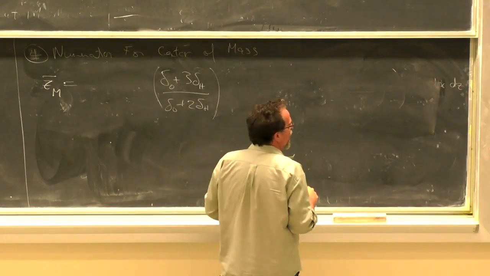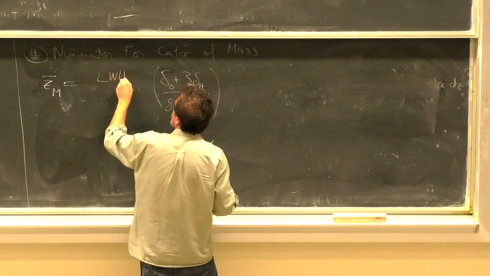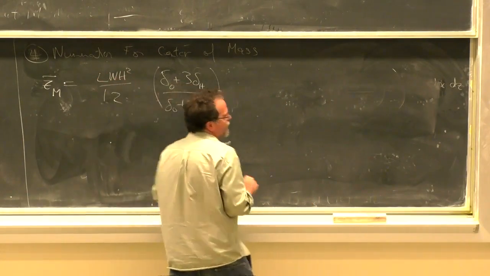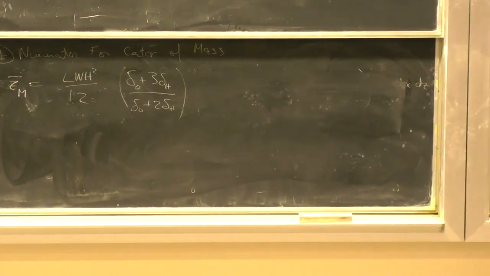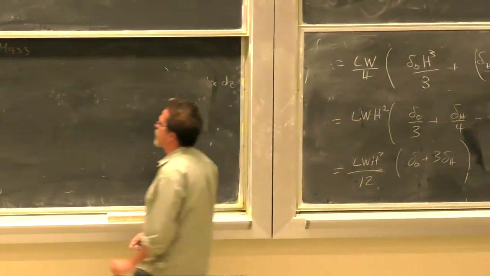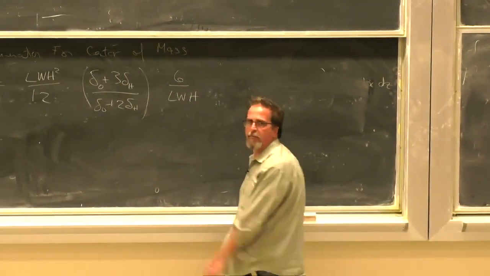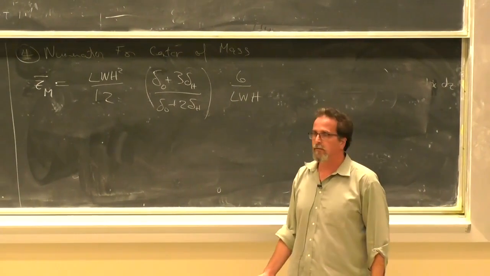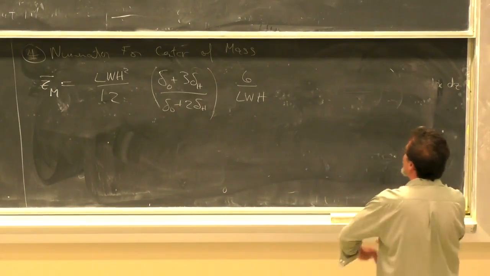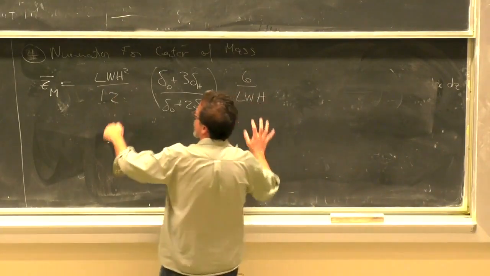I've got an LWH squared over 12, that's from here. I've got an LWH over 6, so I'm going to write that 6 over LWH is from there. Okay? So LWH clearly cancels out of this whole problem.